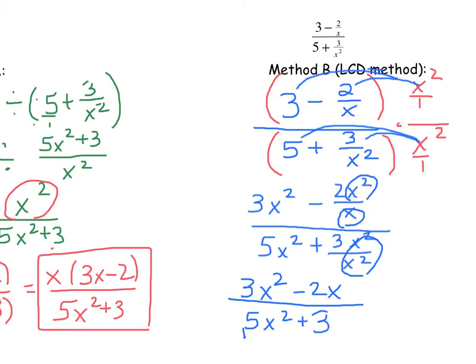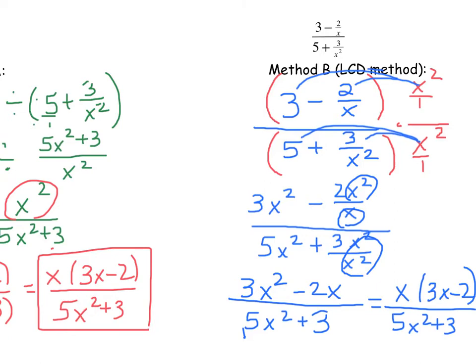And if I compare my answer to the answer I had over here, you can see the only difference is that this answer already has the numerator factored. And we can easily take that and adjust this answer the same way. The x can come out: 3x minus 2 over 5x squared plus 3. And the answers are identical. They are matching.